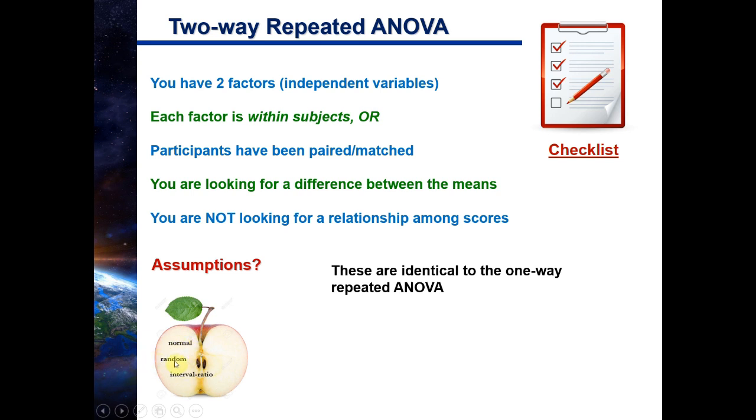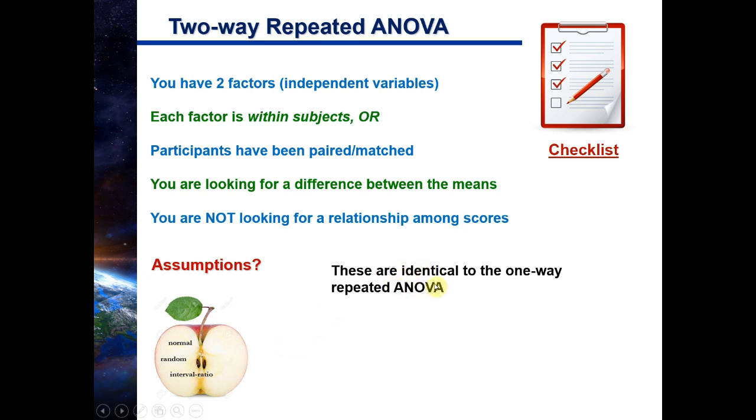Participants were selected at random from the population, and the DV was measured on an interval/ratio scale. All right, so obviously it can't be both interval and ratio. It's one or the other. The dependent variable was either interval or ratio.